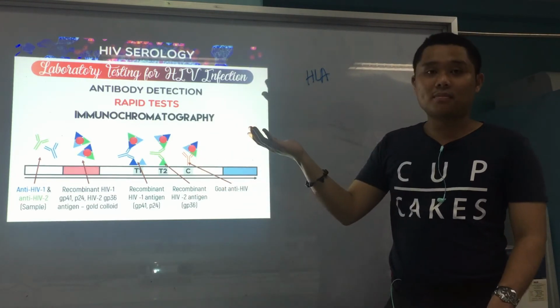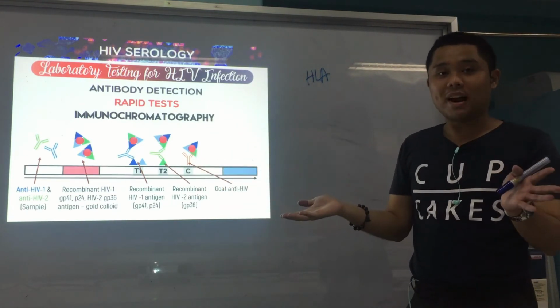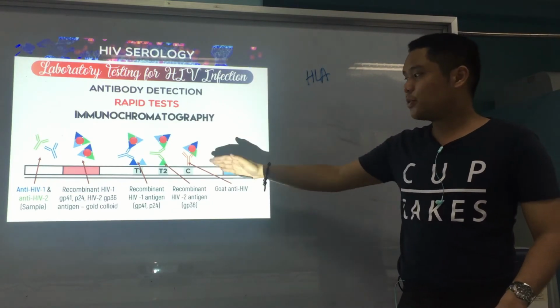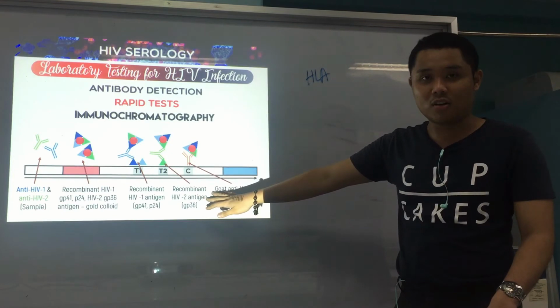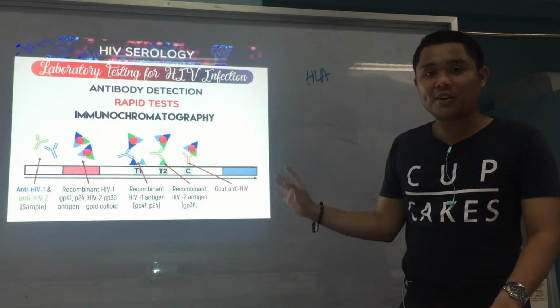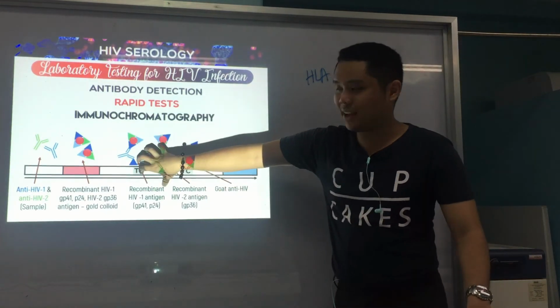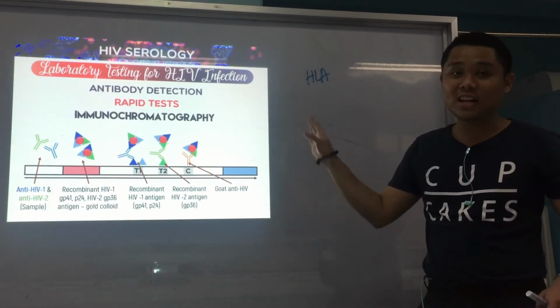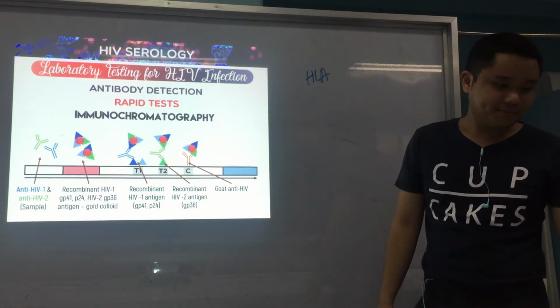And they will then form a complex and then a color reaction. Even if the sample is negative for the antibodies, the control line should still show. The control line must be present, so if it is absent, whatever the result is, it's invalid. Right? Okay. Alright. So that's for immunochromatography.